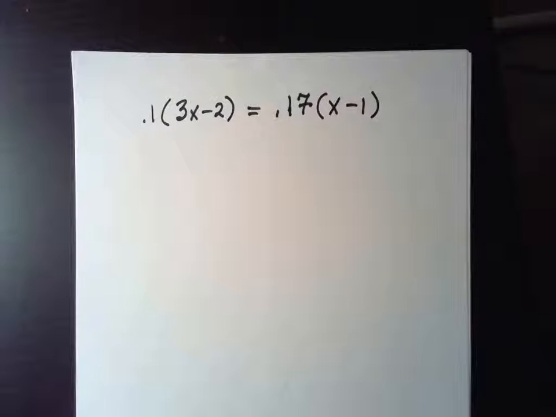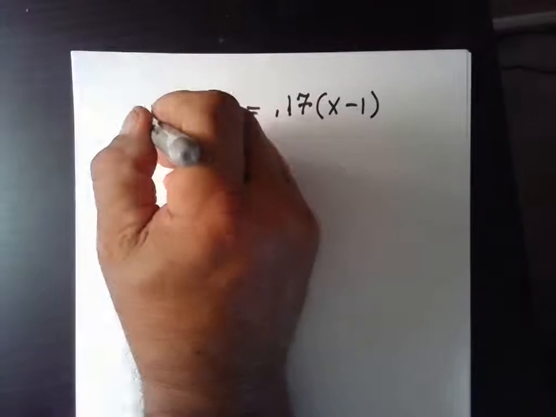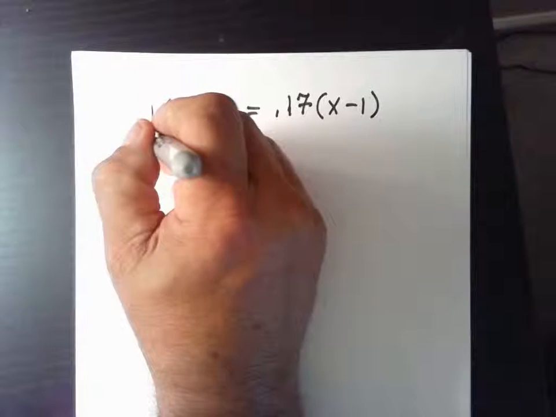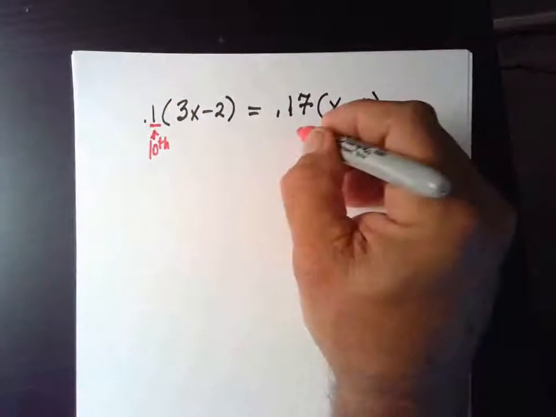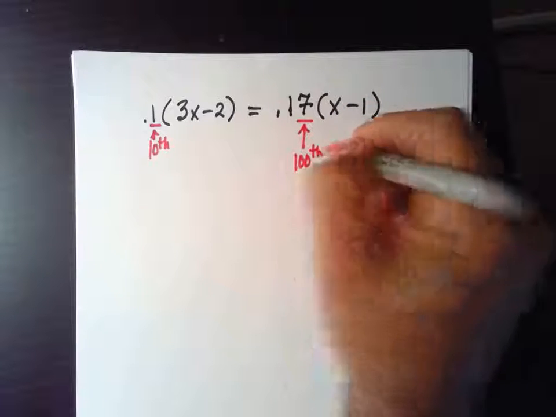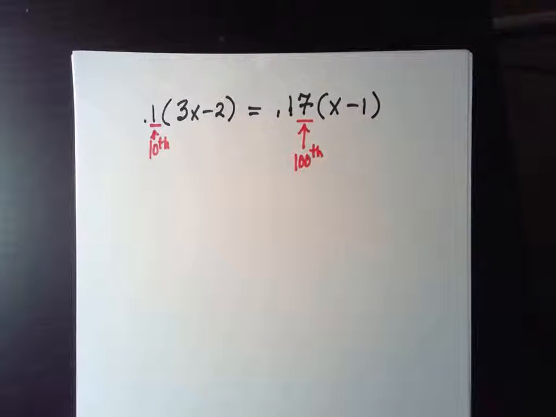Okay, so at this point, take my handy dandy red marker, this is to the tenths. This is to the what? This is to the hundredth. So the furthest place value is what? The hundredth. So I'm going to multiply both sides by 100.